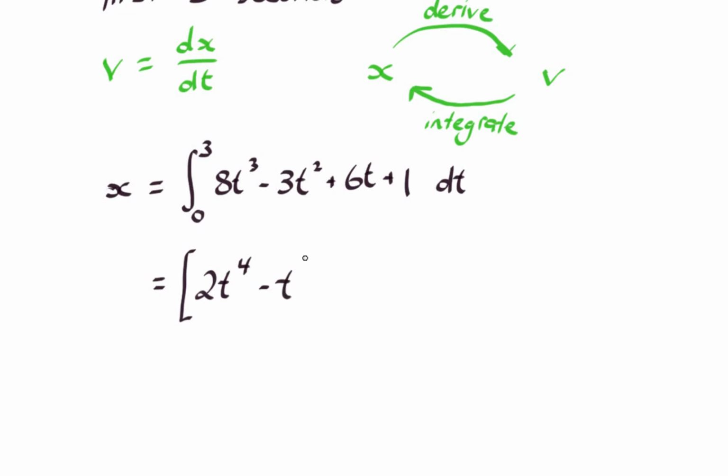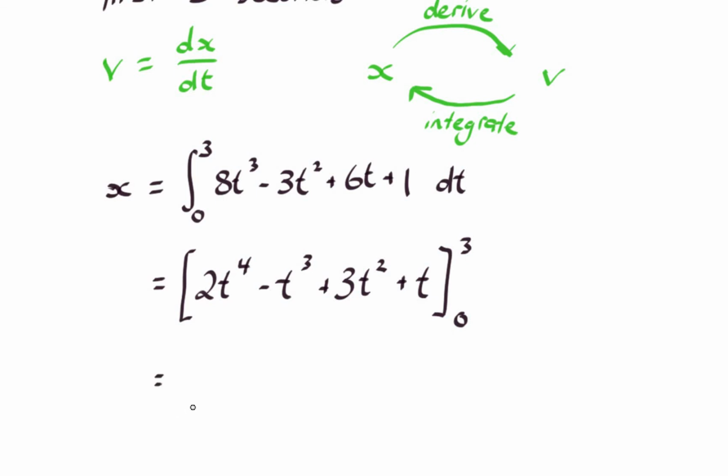So we simply have t cubed. Plus, up the power by 1, so we'll go to a squared. But when we put it over 2, 6 over 2 gives us 3. And finally, plus 1 just turns into t. This is between 3 and 0.